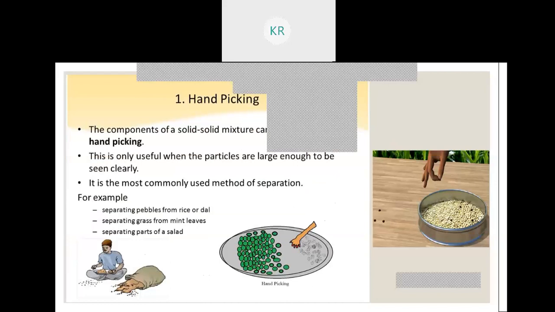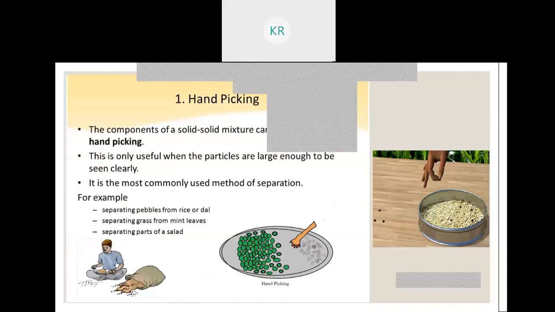It is used when the components to be separated are large, or we can say the size should be different. Unwanted material may be present in small quantities. The shape, size and color of the unwanted material are different from those of the useful material. Then only we can separate it.